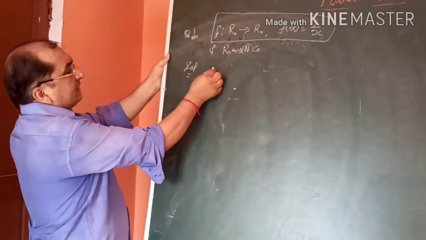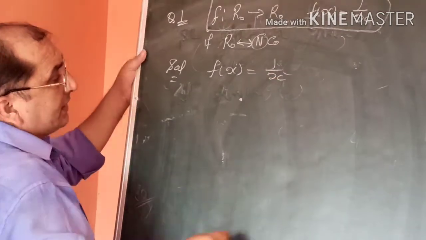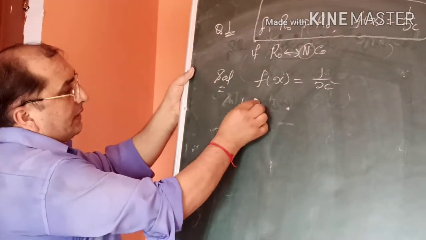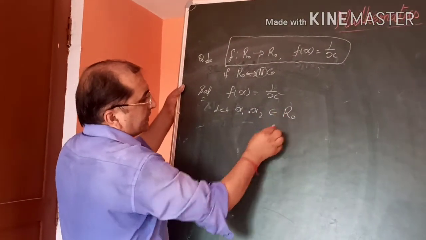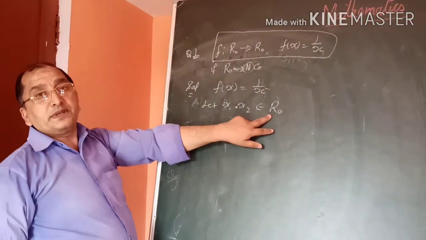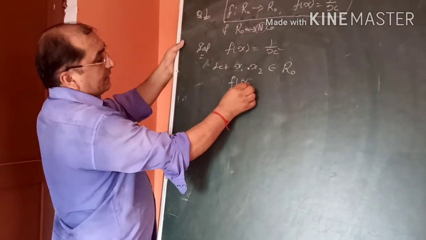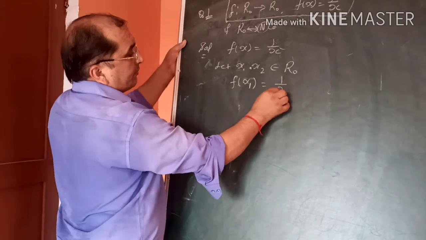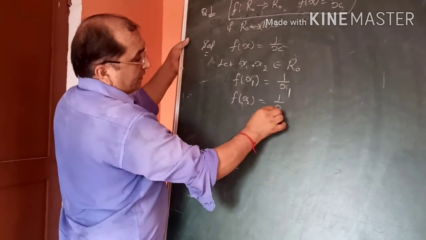Solution. Now see, f of x is defined as 1 upon x, so let x1 and x2 belong to the real numbers R0, meaning non-zero real numbers. So f of x1 equals 1 upon x1 and f of x2 equals 1 upon x2.